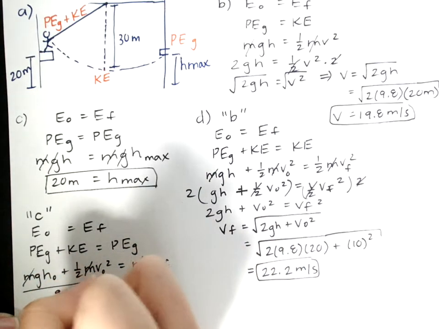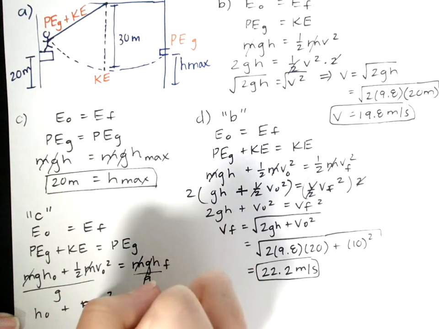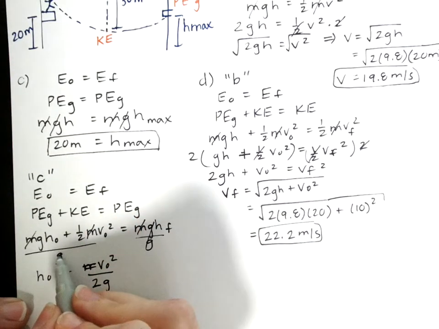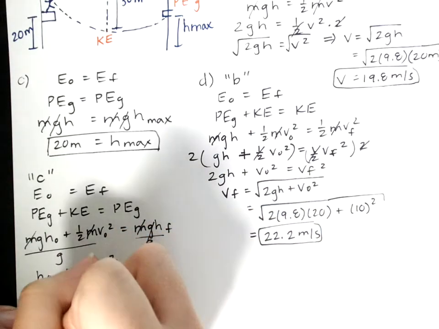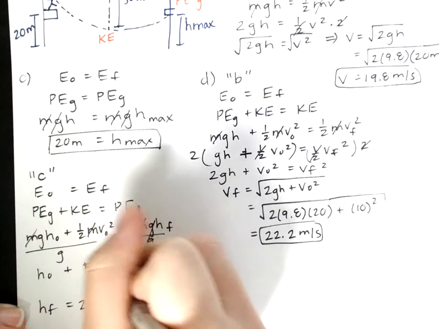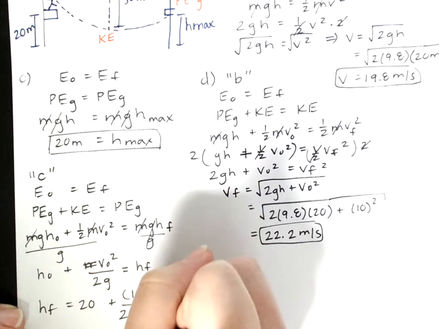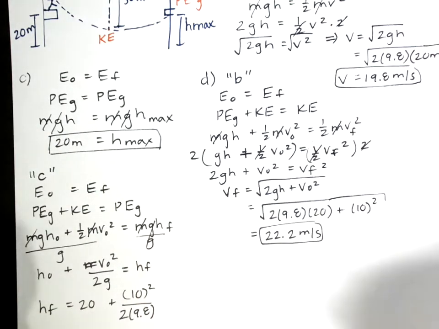We're left with h initial plus v initial squared over 2 times gravity equals h final. So h final is equal to 20 plus 10 squared divided by 2 times 9.8, and we should get 25.1 meters.